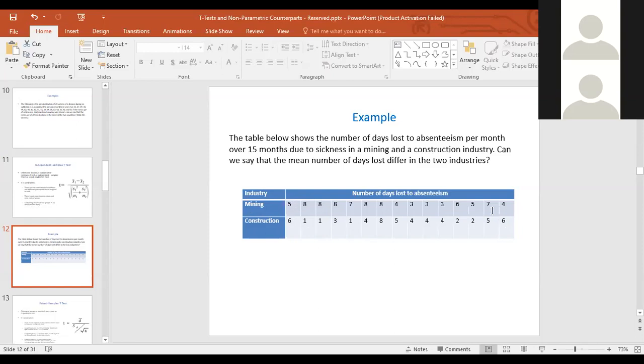I think it's 12 months, or I don't know, but if you count 1, 2, 3, 4, 5, 6, 7, 8, 9, 10, 11, okay, it's around 15 months. So we want to compare. Which one will you say loses more days to absenteeism? How will you know? Unless you calculate the mean number of days and compare. They are two separate groups, so we apply the formula to calculate the average.